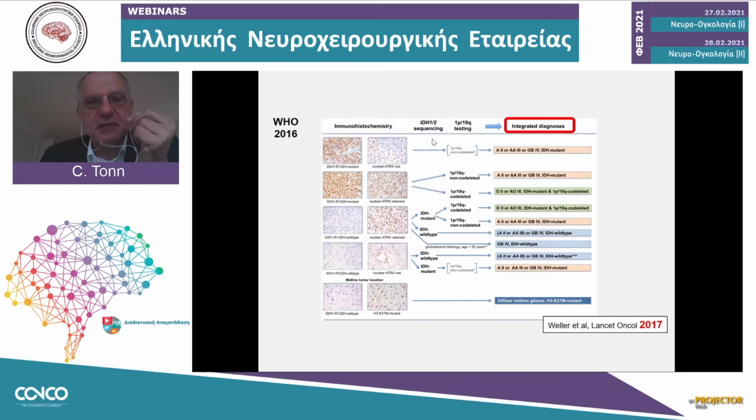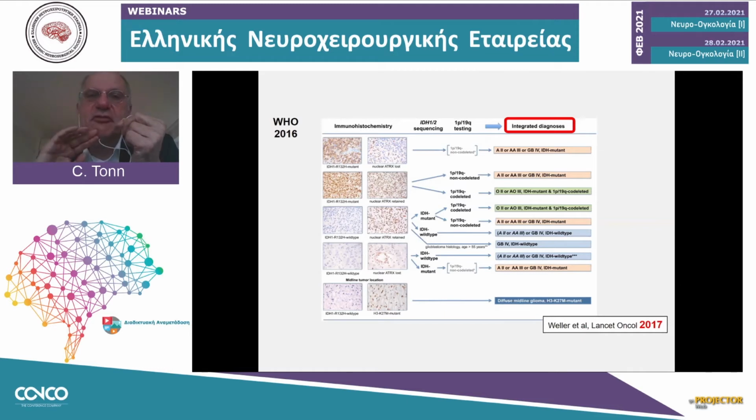This has two consequences. Number 1, there is no such thing as an oligoastrocytoma. This is gone. Either you have a co-deletion, then it's an oligo, or you have a non-co-deleted tumor, then it's an astro or something else.